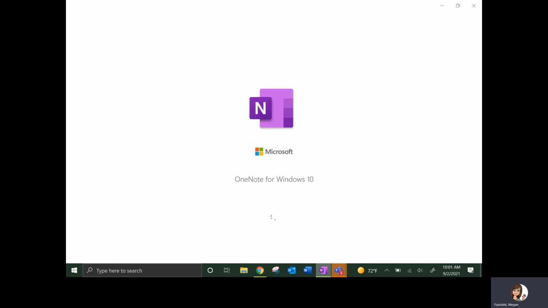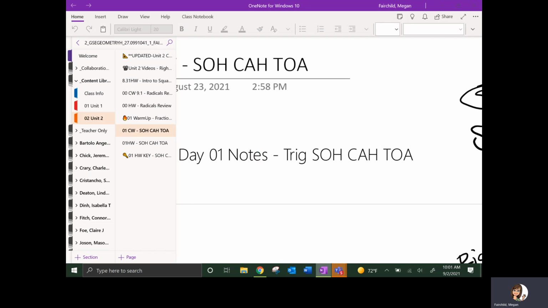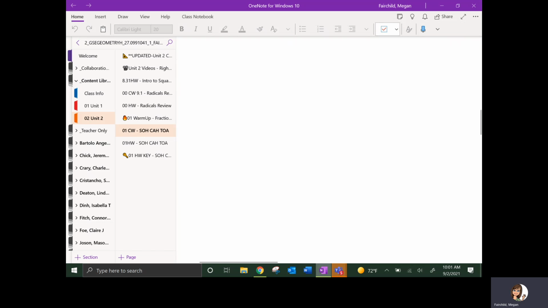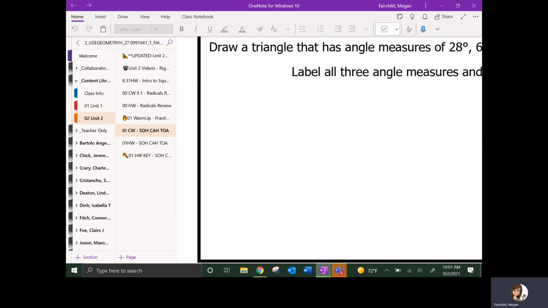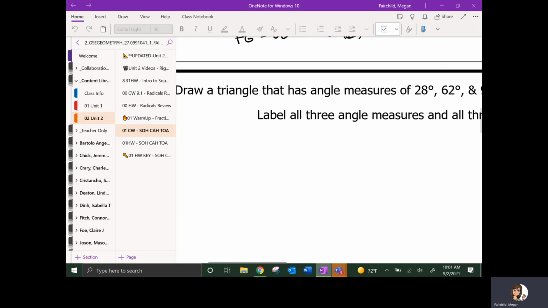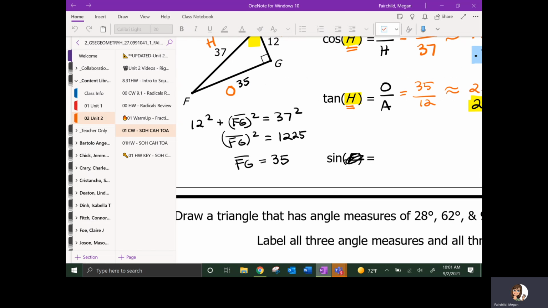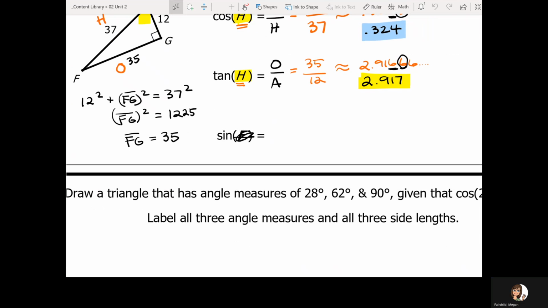Jalen, you're up as soon as this page decides to upload. Okay, well, this is still working too, so. I just need my pen to work.